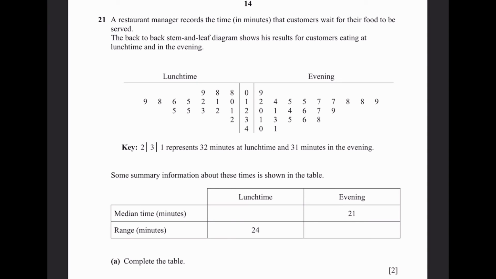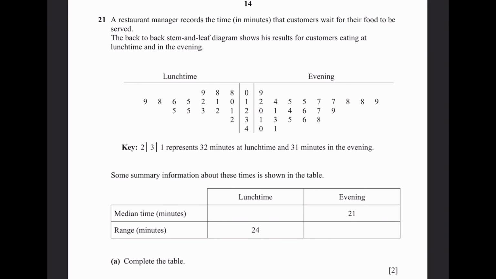A. Complete the table. So the median time in minutes for lunchtime. How many values are there in lunchtime? Count them down. 3 in this row, 7 in this row, 5 in this row, 1 here. 16 values.